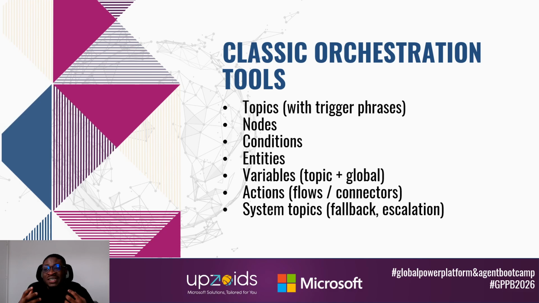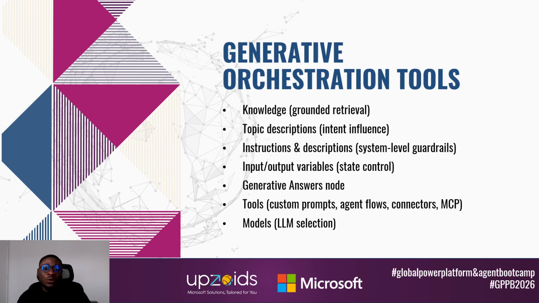That's how the agent detects what the user is trying to say. We have different nodes, which we are going to see briefly. You use conditions, entities, variables, actions, and system topics, right? These are the things that make up your agents when we were doing it just with Power Virtual Agents. But now in the world of generative orchestration, we have much more.